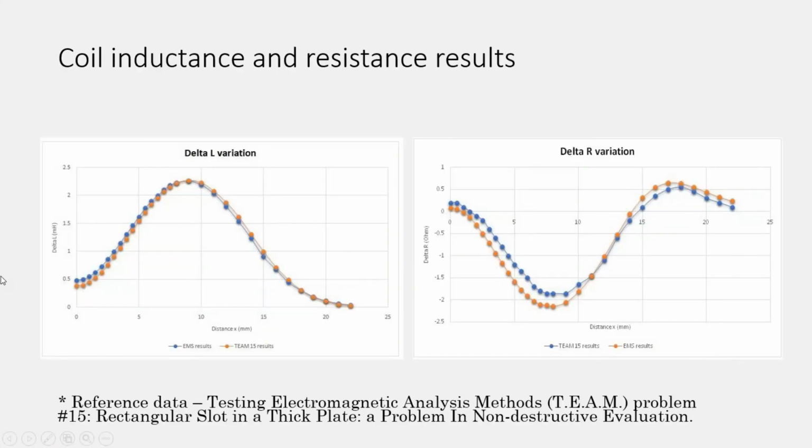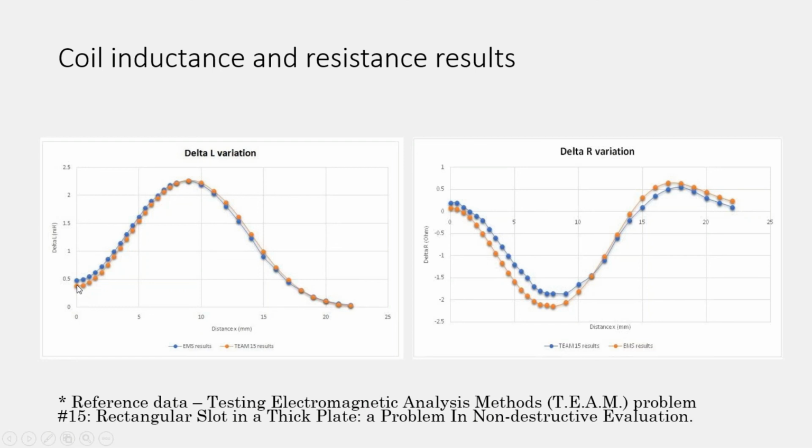So this is the coil inductance and resistance result compared with electromagnetic analysis methods problem number 15 data published by the CompuMag Society. You can see that the EMS results for resistance and inductance match very well the reference data.